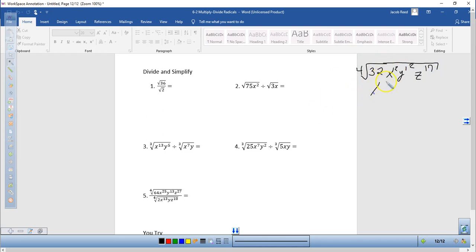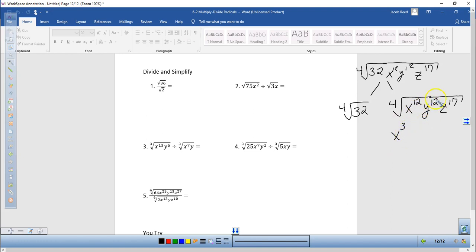As before, we split it up. I'm going to do number over here, and we're going to do variables over here. Alright, dealing with numbers, variables first. X to the 12, so I got four groups with 12, that's going to be 3.